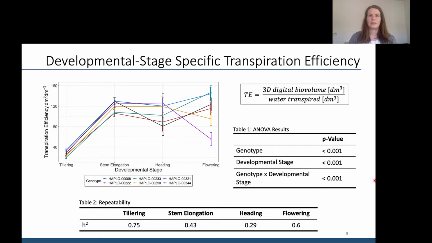So we can say that we have successfully identified developmental stage specific variation for genotype rankings in transpiration efficiency. What is also worth noting is that the repeatability for transpiration efficiency is quite high at each developmental stage.